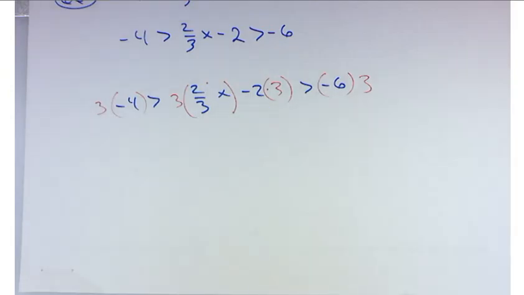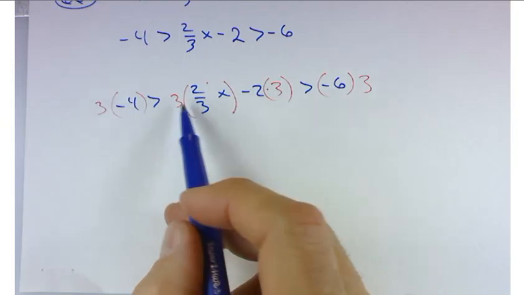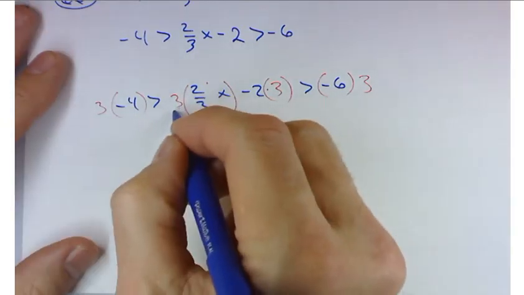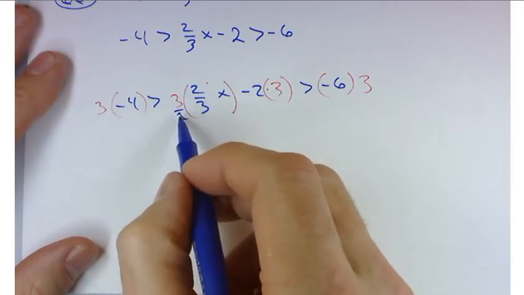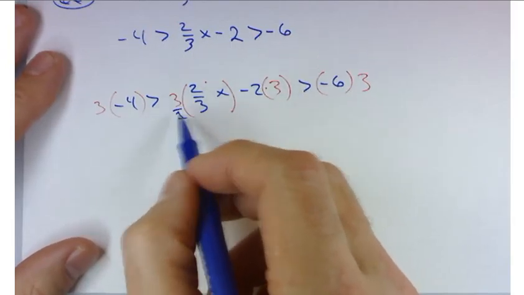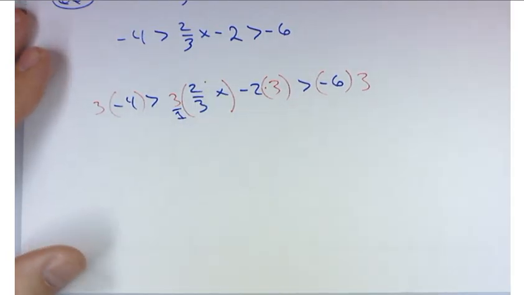Yes, you do. Well, actually, if it helps you, you can think of this as being 3 over 1, because there's not going to be any cancellation with the 2, but the 3's cancel.